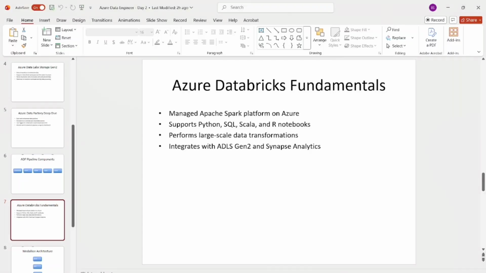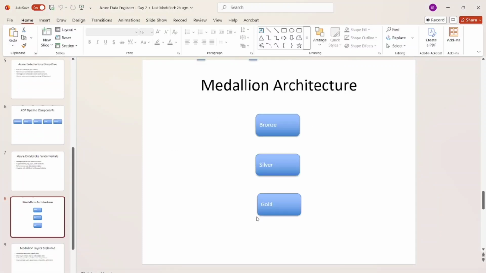So next is the Medallion architecture. Medallion architecture is a modern data design pattern used to improve data quality in organizations. It is generally divided into 3 layers. First is called bronze, second is called silver and third is called gold. So what is the bronze layer?